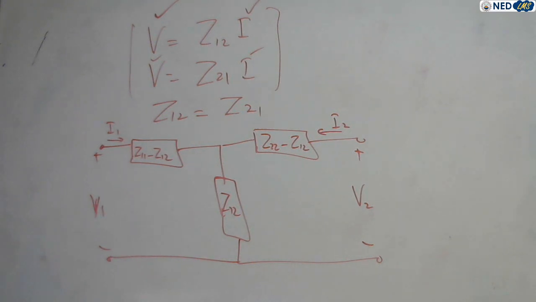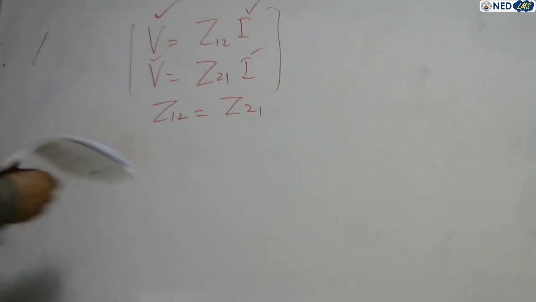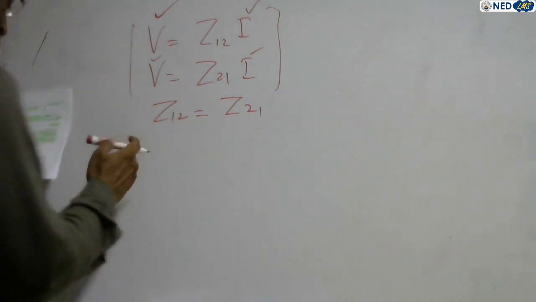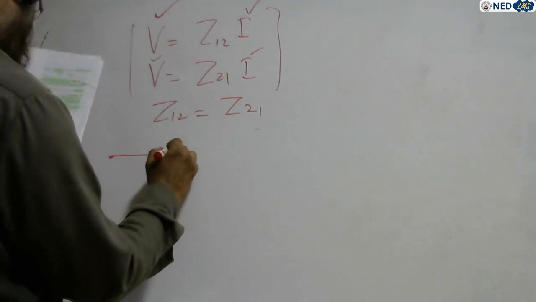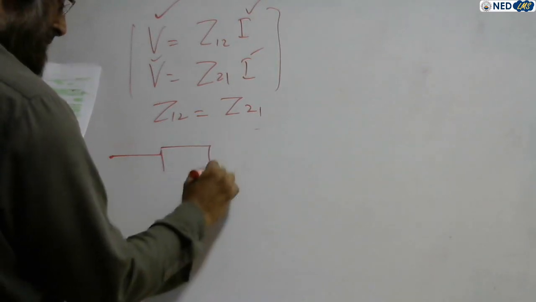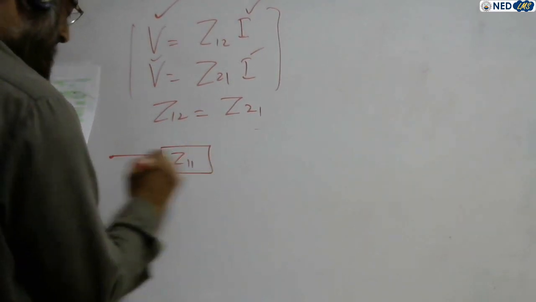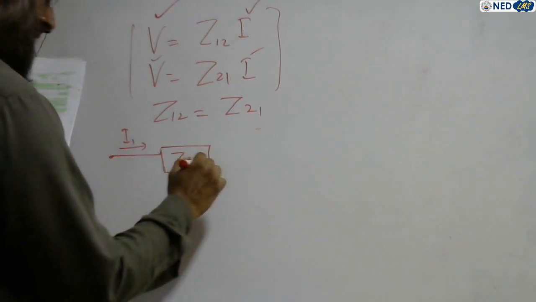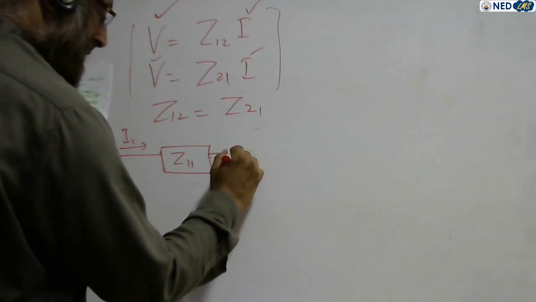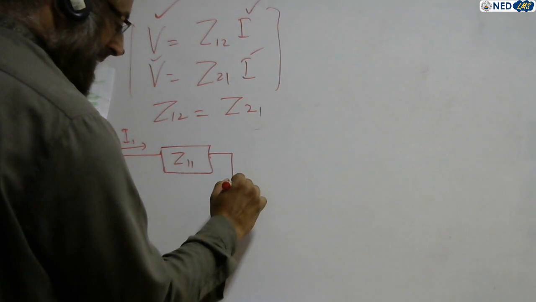If the network is not reciprocal, then they may be changed with the dependent sources. Because this one is Z11, input side, input terminal, this one carries I1, and here it is a dependent source.